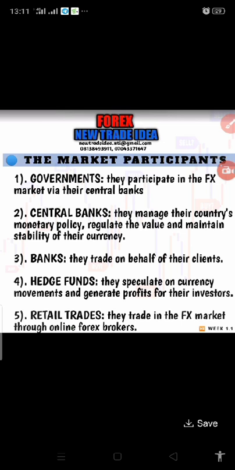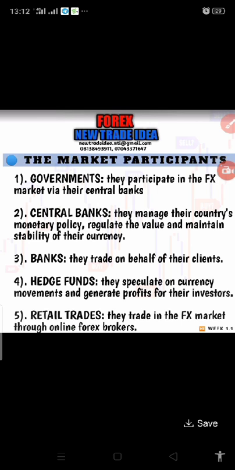When a country's governor or president makes a statement, it will affect that country's currency so much. Please take note of that, like what happened to Russia and Ukraine. It affected their currency a lot.